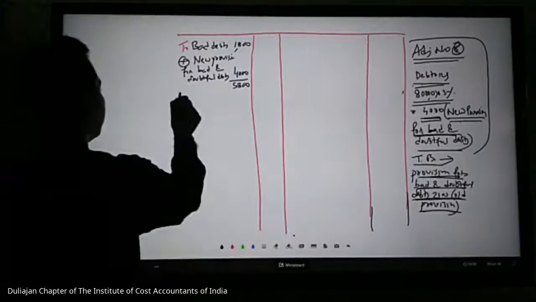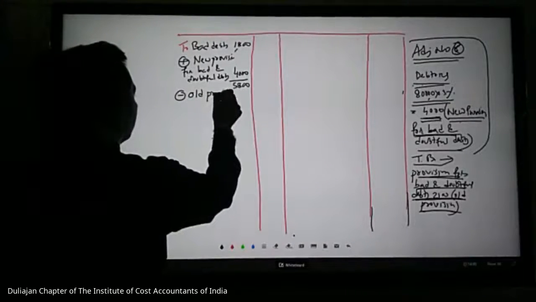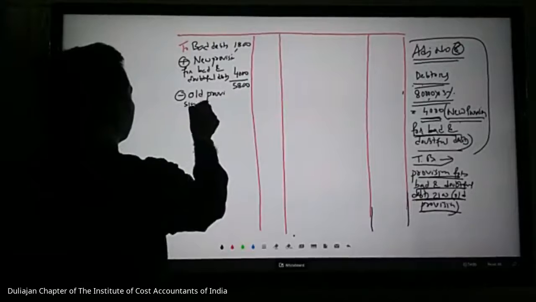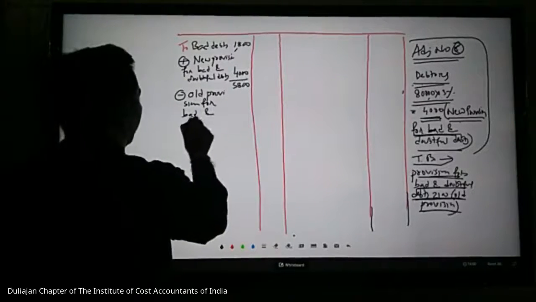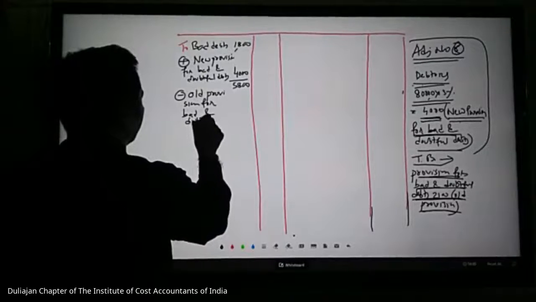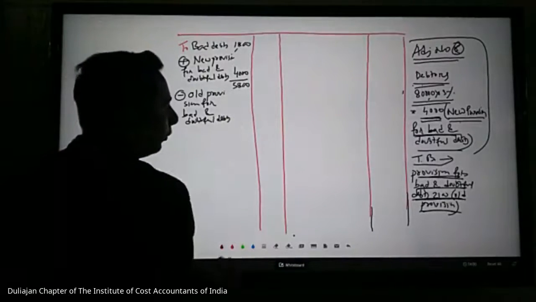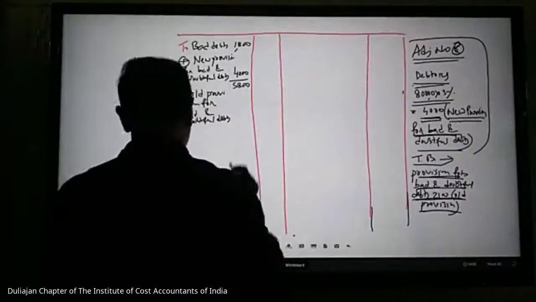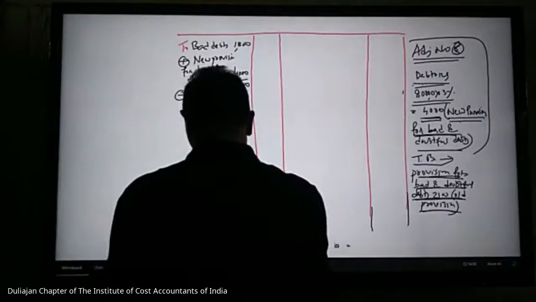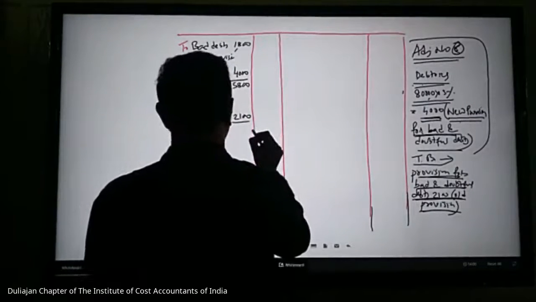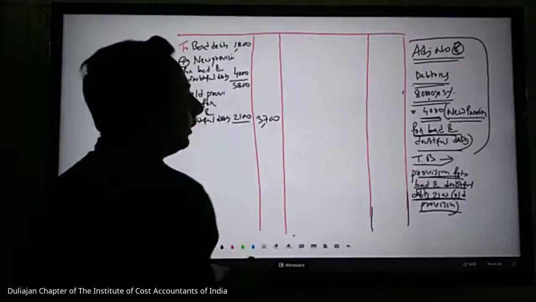Less old provision for bad and doubtful debt, amount 2,100. Three seven double zero, 3,700.